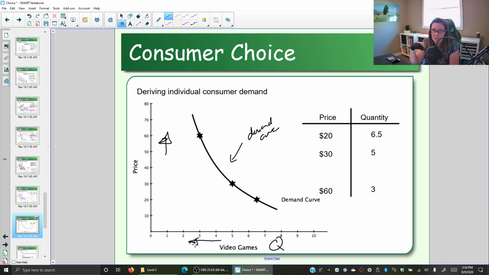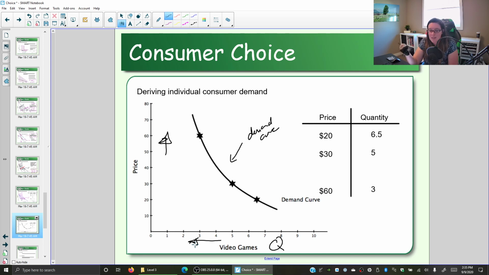Remember, we have to consider that marginal rate of substitution. What are you willing to give up in order to maintain your happiness? So opportunity cost was what you had to give up to afford it, and the marginal rate of substitution was what you are willing to give up to maintain your happiness. It's both those in play that cause the law of demand, which says when the price goes up, the amount we are willing and able to buy goes down.